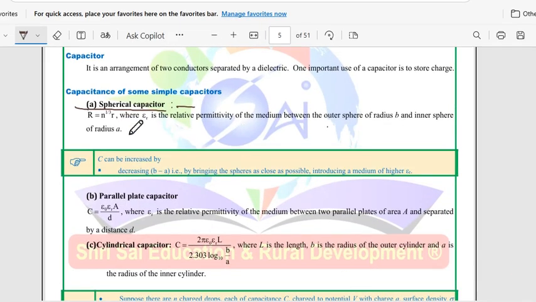If you consider C is equal to 4 pi epsilon naught into R, and if it is in a medium, it is also equal to 4 pi epsilon naught into epsilon R into R. Permittivity of the medium between the outer sphere of radius B and the inner sphere of radius A. So this is about the spherical capacitor.